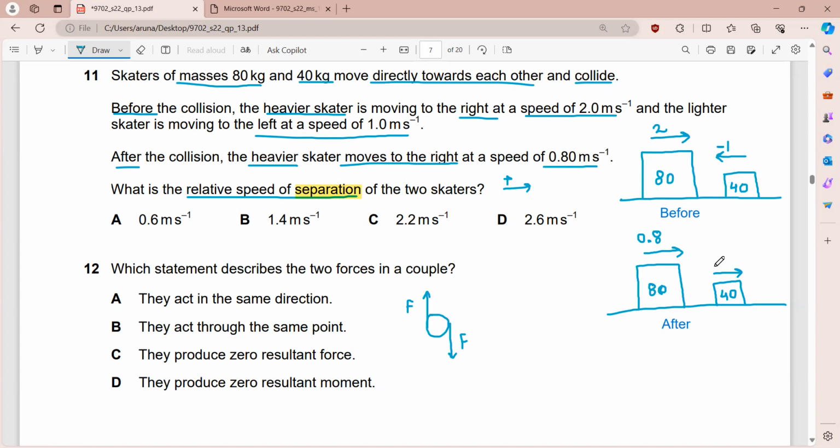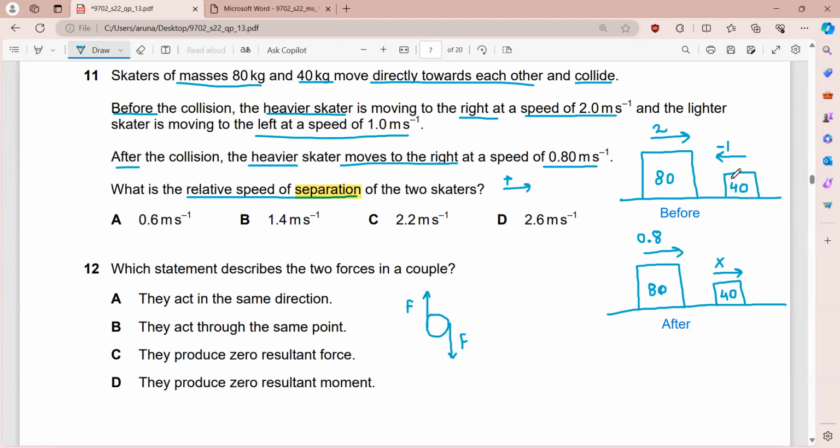Now, to find relative speed of separation, I need to first find this speed. Let's call it speed x, okay? To find speed x, I'll use the principle of conservation of momentum, which is total momentum before collision is equal to total momentum after collision.